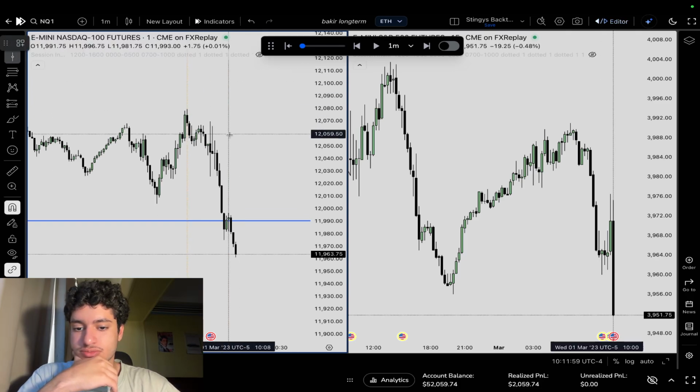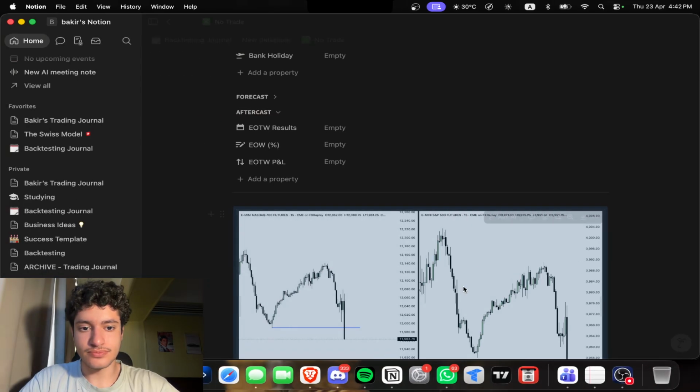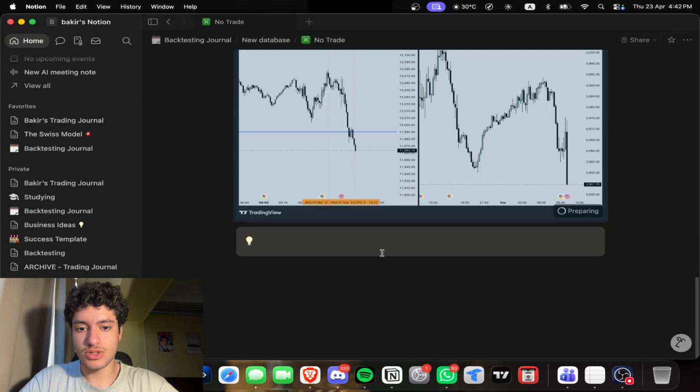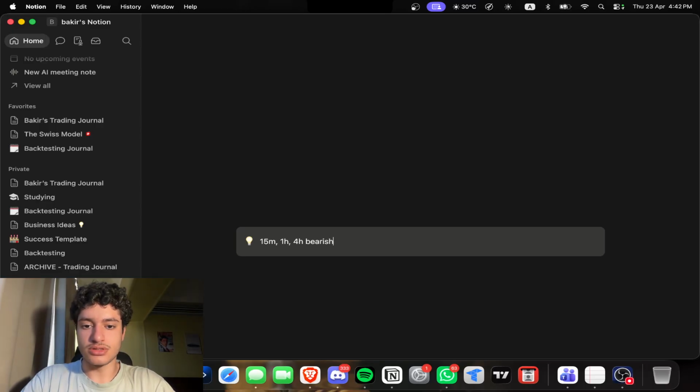So what I'm doing right now, I'm just marking the macro so I can see where it is in the screenshots. 15-minute, 1 hour, 4 hour bearish rejection. Macro opened, trade dump, no entry.